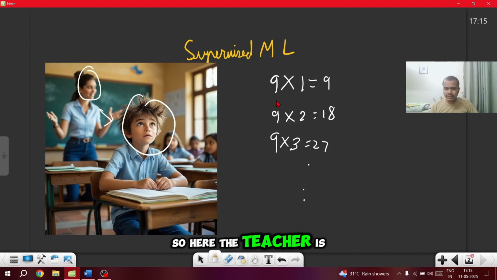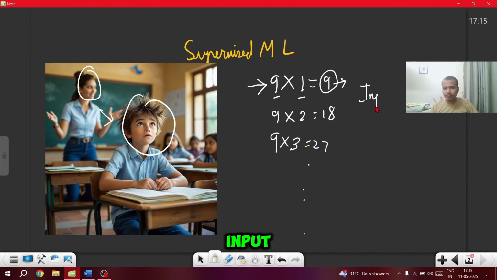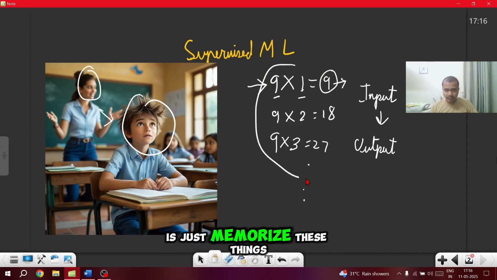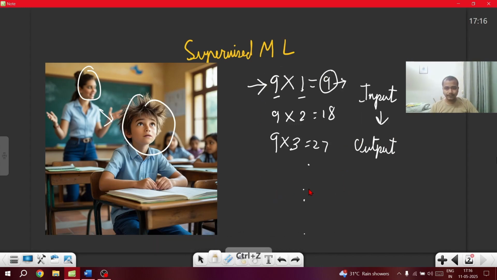So here the teacher is giving the child the input, which is 9 times 1, and also the output. 9 times 1 is 9. 9 times 2 is 18. 9 times 3 is 27. Here we are getting the input and also the output. All we need to do is just memorize these things up.